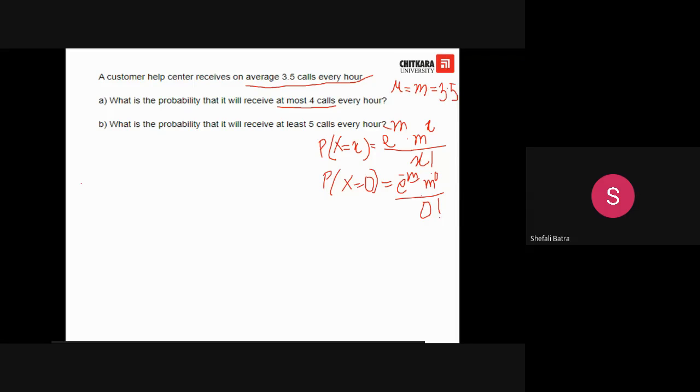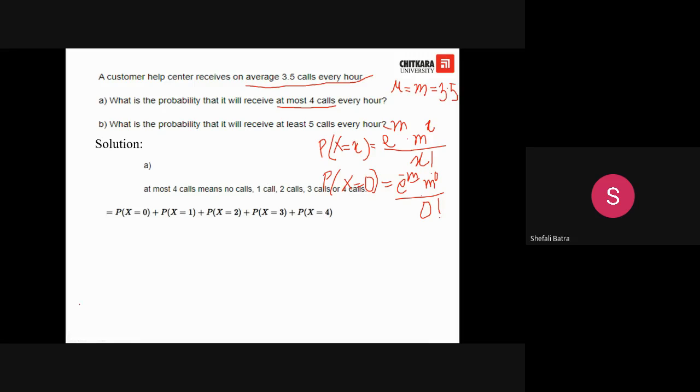At most 4 calls means no call, 1 call, 2 calls, 3 calls, or 4 calls. So you write P x is equal to 0, x is equal to 1, 2, 3, and 4, and we need to add up all these. For x is equal to 0, e raised to power minus m power 0 upon 0 factorial, and 0 factorial is 1.